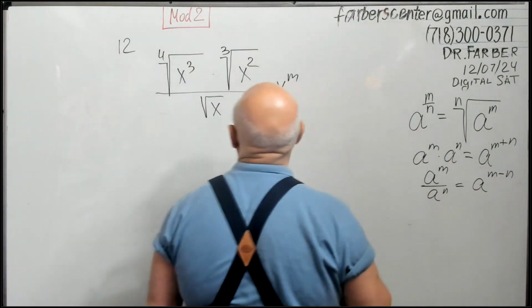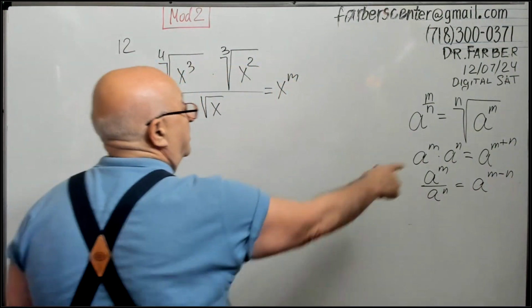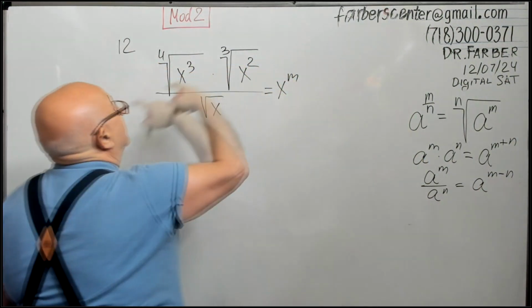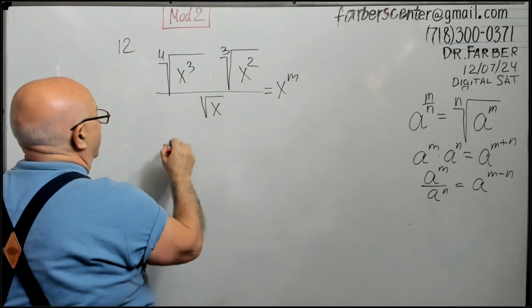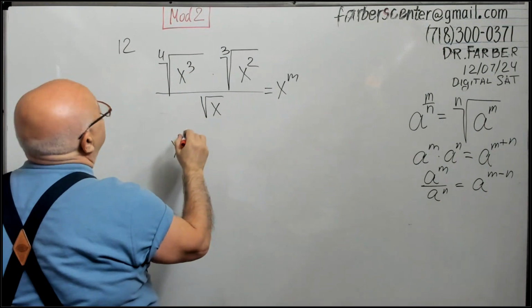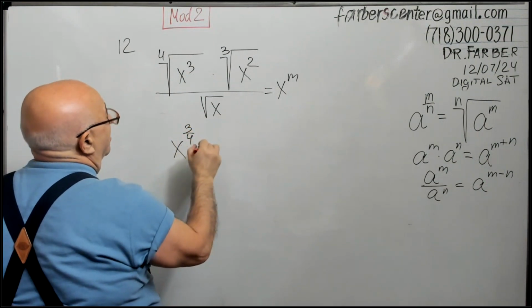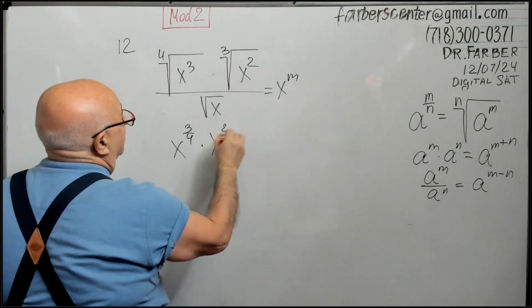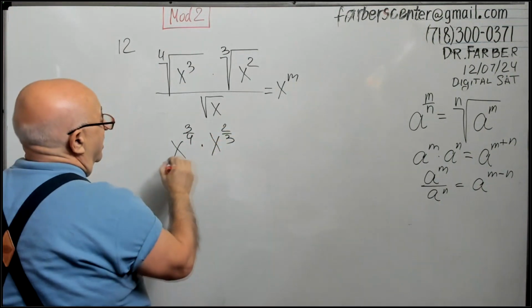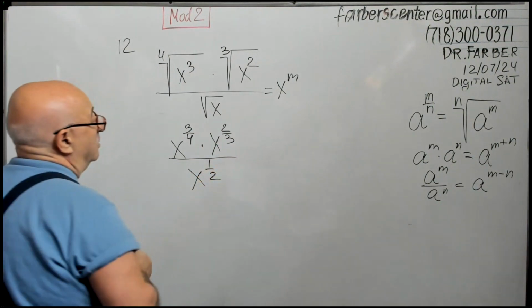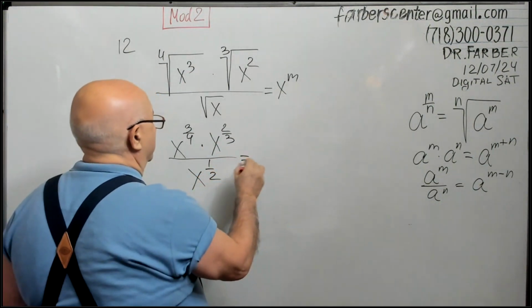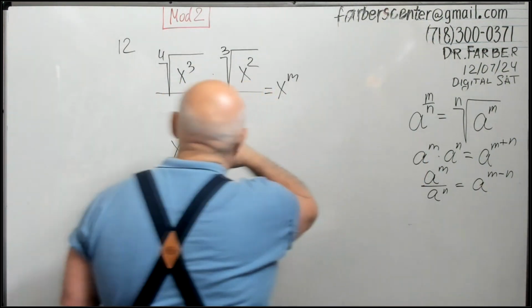So it's better to operate with fractional powers than radicals. Instead of this, I write x to the power 3 over 4 times x to the power 2 over 3 divided by x to the power 1 over 2, using formula 2.